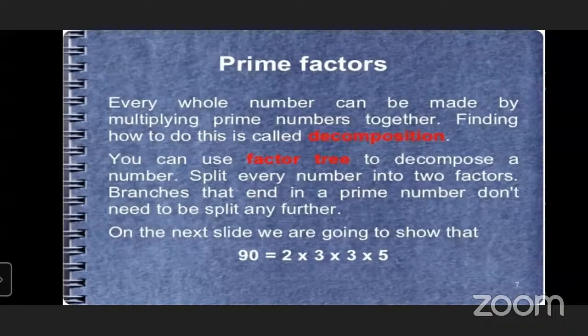If we are taking the factors of 90, then let's check: 2 multiplied by 3, multiplied by 3, multiplied by 5. These are the prime factors of 90. Now multiply 2 into 3 into 3 into 5, and you will get 90.